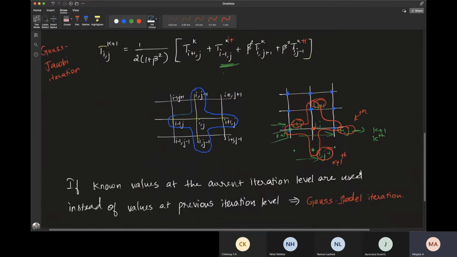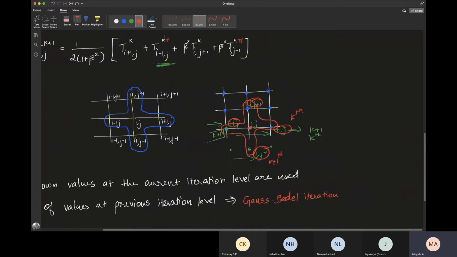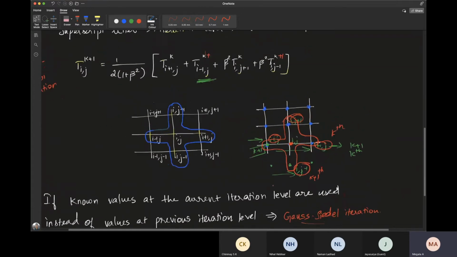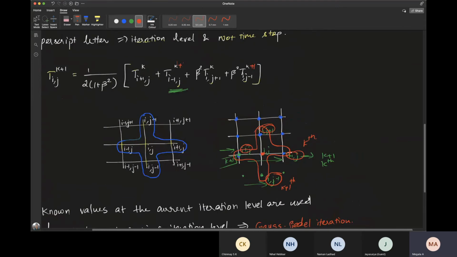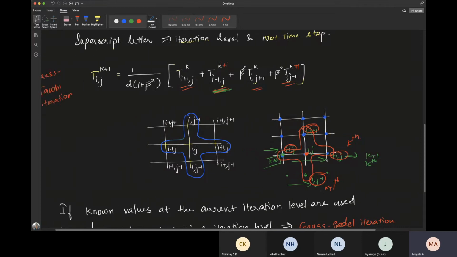So that kind of a method is known as Gauss-Seidel iteration. Whatever you know now at the current iteration level, you use at the current iteration level. Whatever you don't know, you use at the previous iteration level. So that kind of scheme is known as Gauss-Seidel iteration.